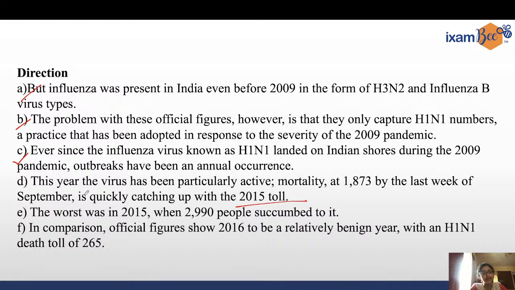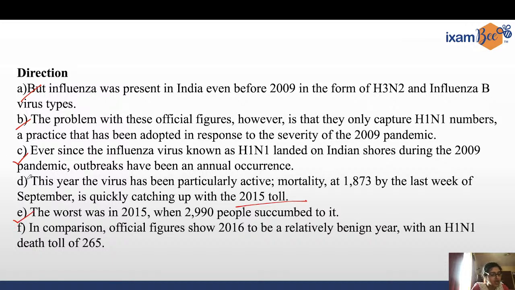That's the reason this sentence is cross-referring to it. So we need to find a sentence that talks about what happened in 2015. So you have E talking about what happened in 2015. The worst was in 2015 when 2990 people succumbed to it.